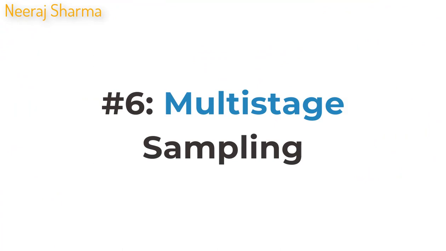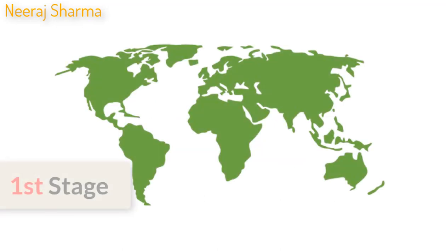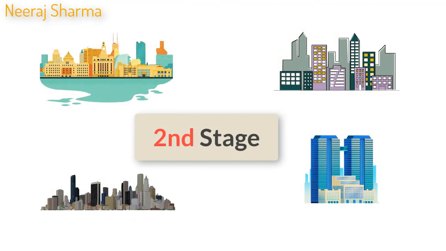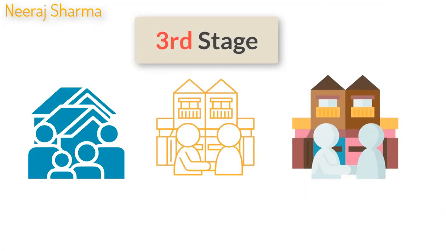Sixth, multistage sampling. Multistage sampling is like a step-by-step process of picking samples from a big group. First, you might pick a few big groups from the whole population, like picking a few cities from a whole country. Then, from each of these big groups, you pick smaller groups, like picking a few neighborhoods from each city.